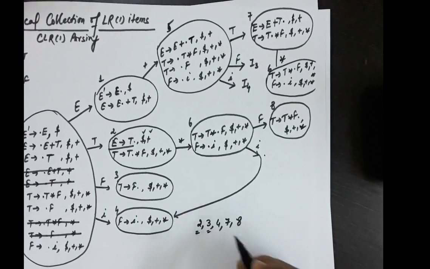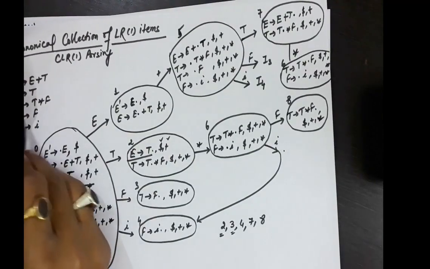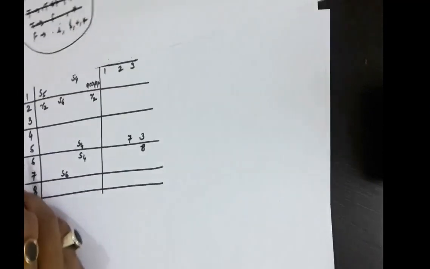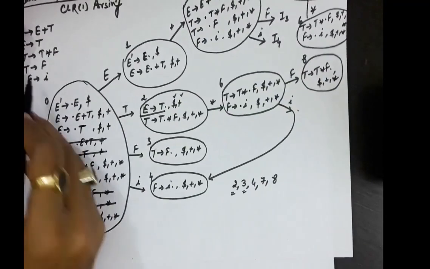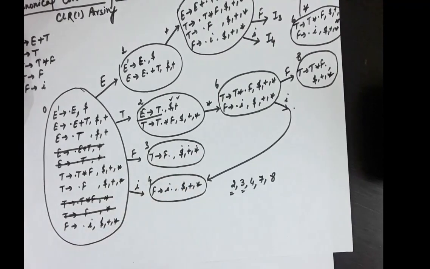Next final item is because of 3. So T produces F, which is production number 4. So in the third row you will be writing R4, and R4 will be written at dollar, plus, and multiplication.